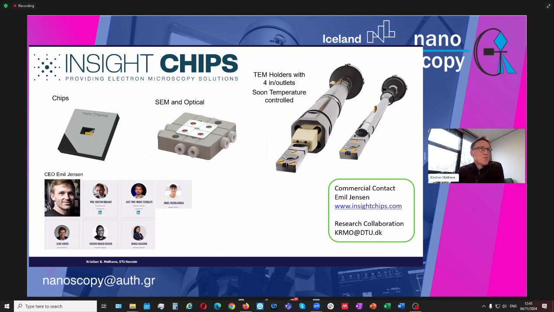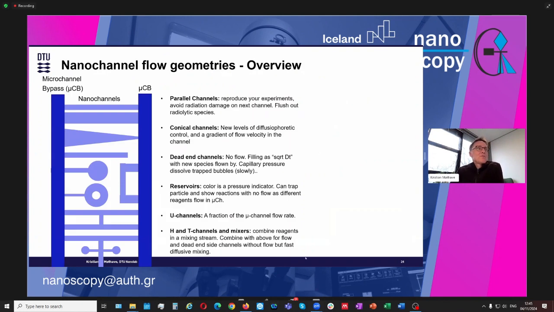And if we zoom into a chip, I mean, you can make all kinds of fun geometries here. So if you want Mickey Mouse shapes, we can give you Mickey Mouse shapes, but this is kind of a library of fun little geometries. We can make straight channels with flow. We can make conical channels where you change flow velocity as function of position. We can make dead ends where it's only diffusion that goes in there. We can make reservoirs in them.